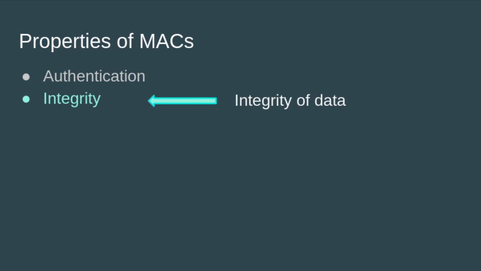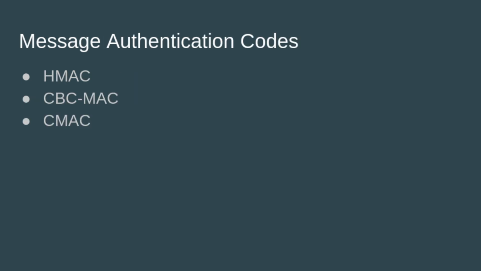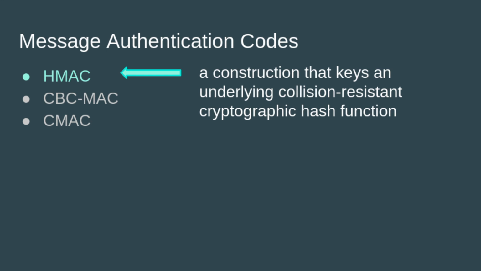As with cryptographic hash functions, however, MACs also provide integrity. Once the MAC has been computed, the message cannot be modified without invalidating the MAC. Some particular message authentication code algorithms are HMAC, CBC-MAC, and CMAC. HMAC is a construction that uses a key with an underlying collision-resistant cryptographic hash function.